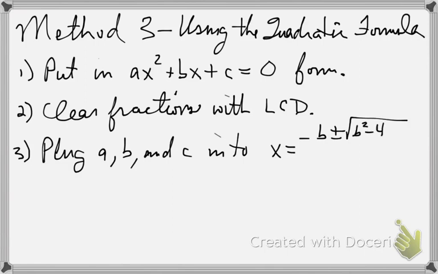Then we're going to plug into the formula, plug your a, b, and c into x equals negative b plus or minus square root b squared minus 4ac all over 2a. I actually had to try not to sing it. You're welcome.